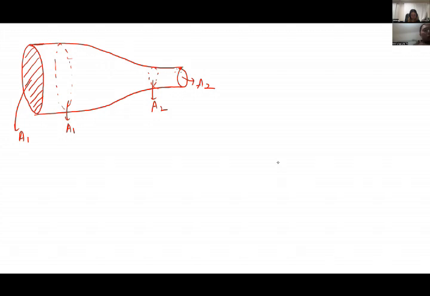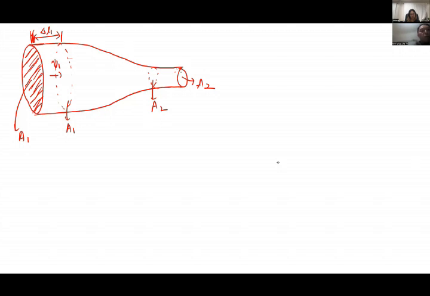So while this fluid moves from one point to the other in this pipe, traveling distance delta L1, the fluid moves with V1 at the input of this pipe.